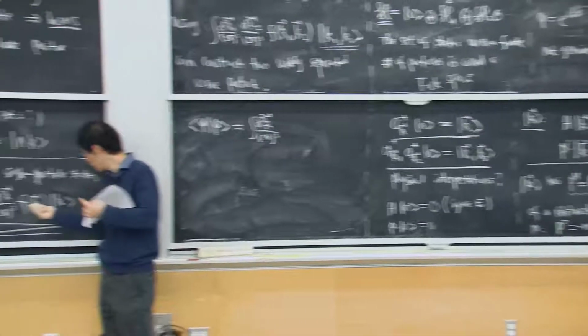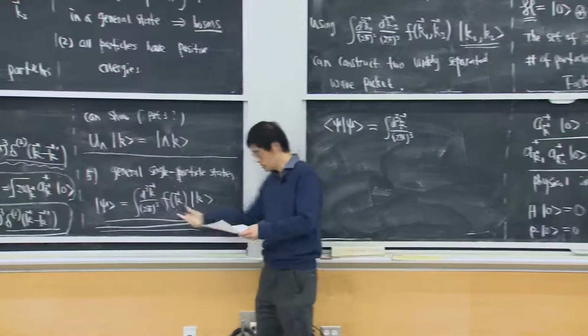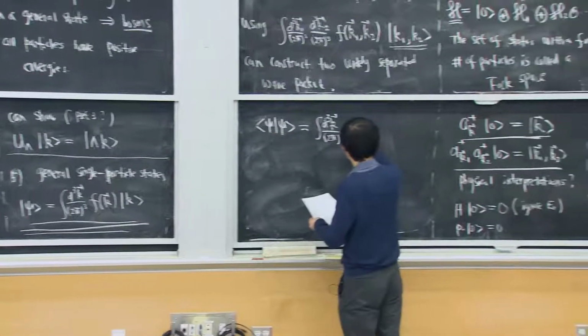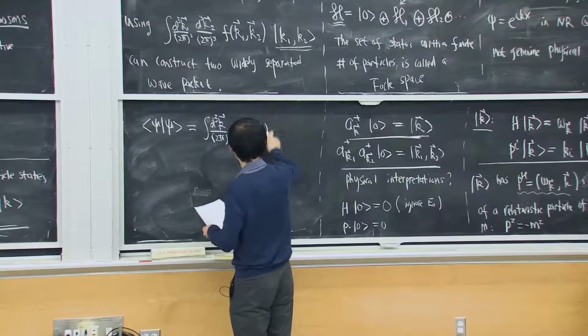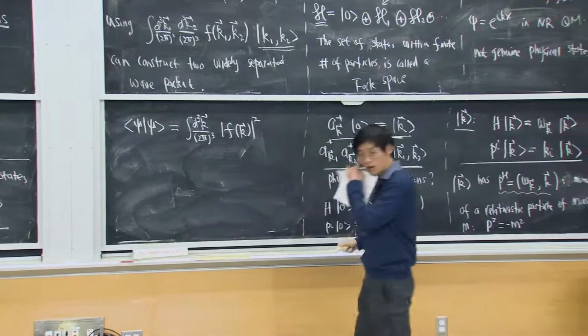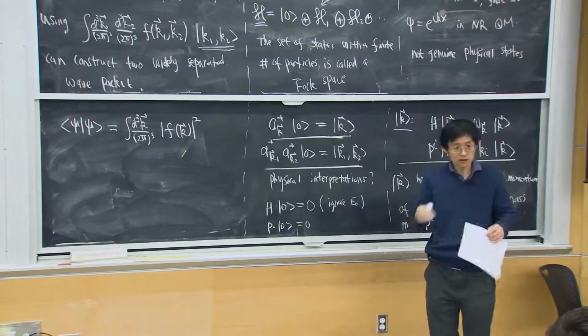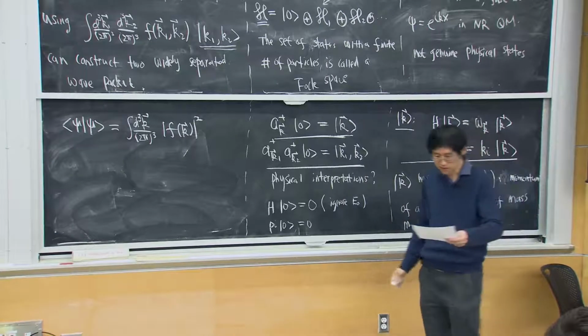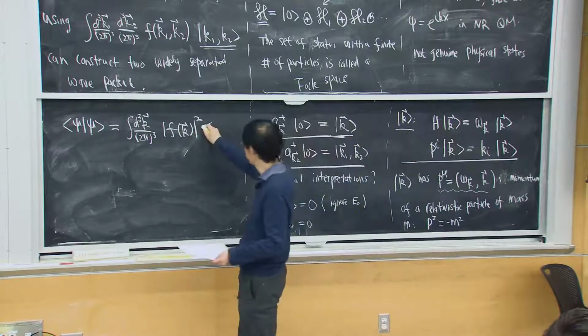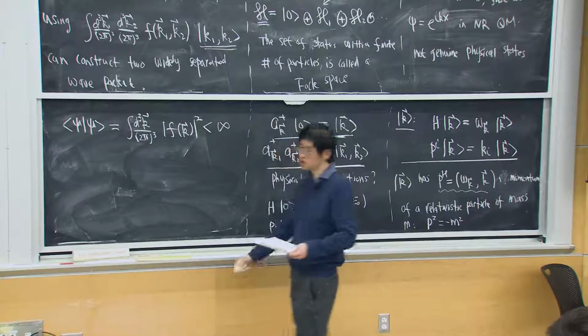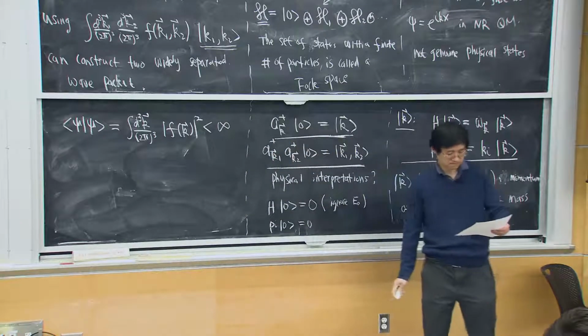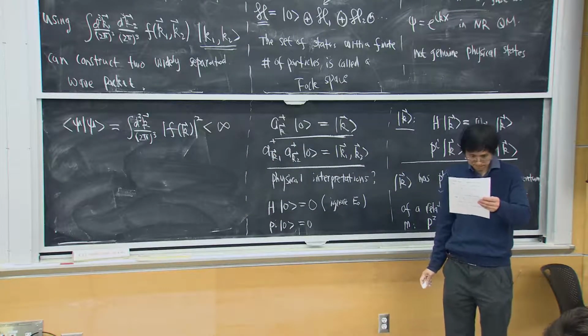When you do the overlap, you find it is given by the modulus of F(k) squared. So if you calculate the norm of that state, you find it given by that. And then we can choose this to be finite, and then psi will be a normalizable state, okay?